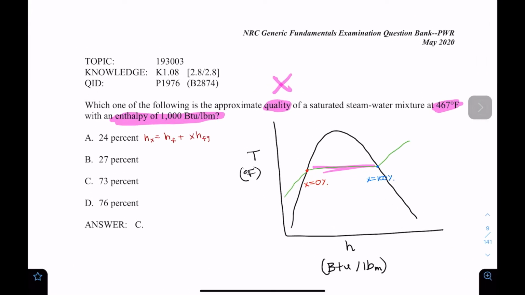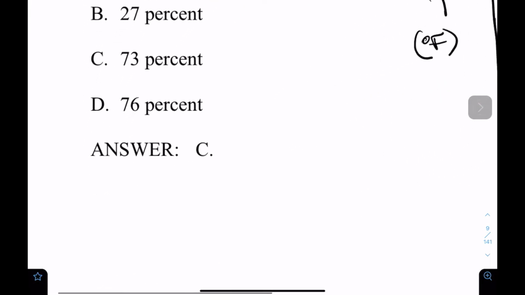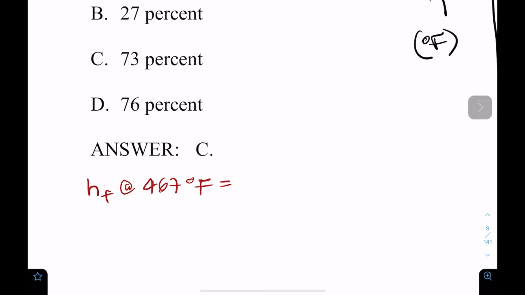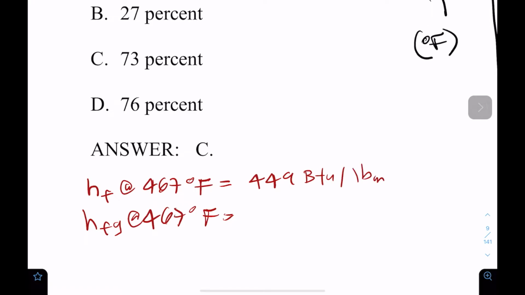Let me make this bigger. We're going to get HF at 467, and we're going to get HFG at 467. And if we know how to get that correctly, that's going to be 449 BTU per pound mass. And this one is going to be 756 BTU per pound mass, okay?